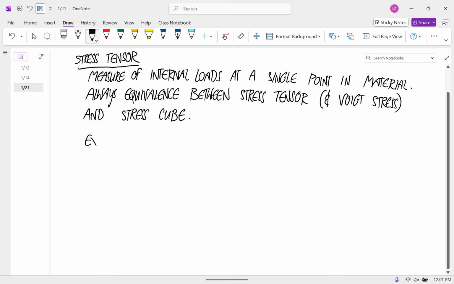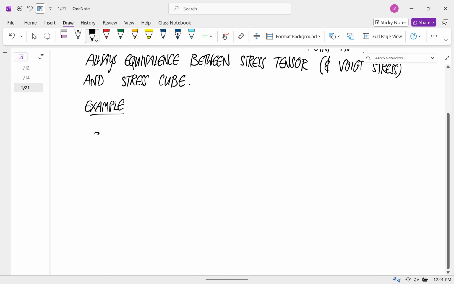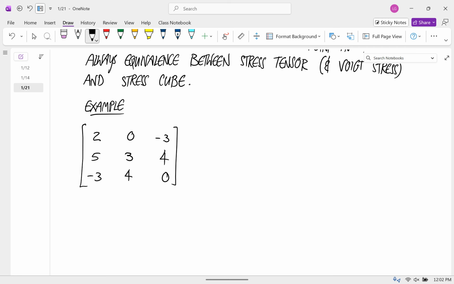So, for example, if you have a stress tensor 2, 0, negative 3, 5, 3, 4, negative 3, 4, 0. Let's say this is in megapascals.